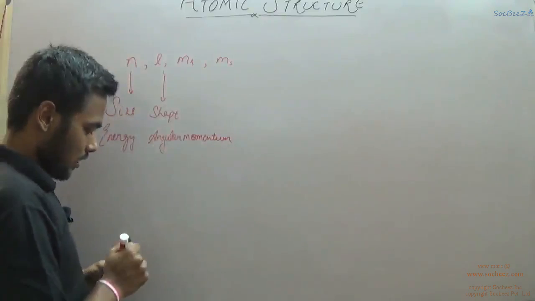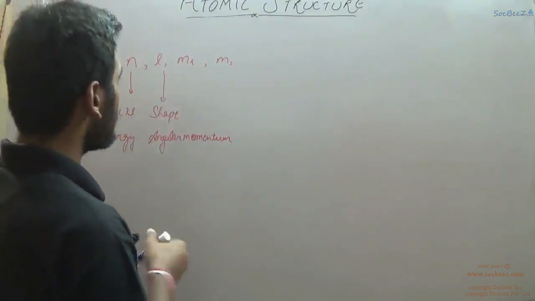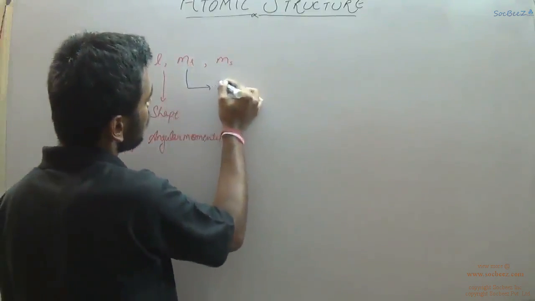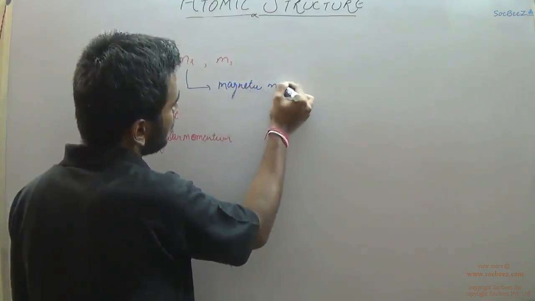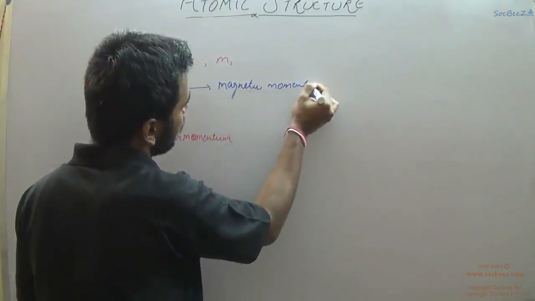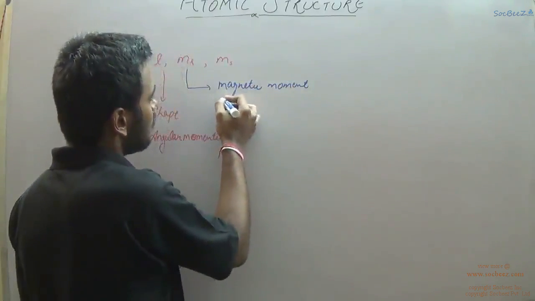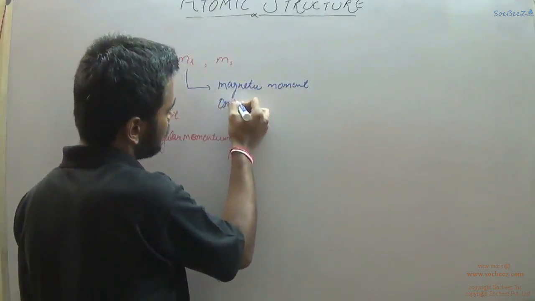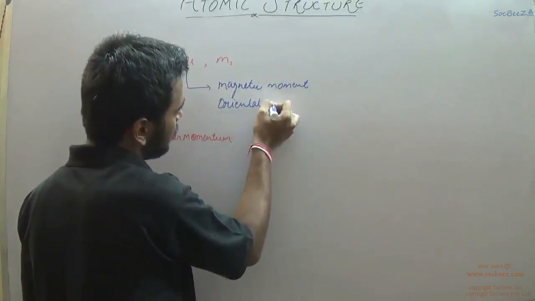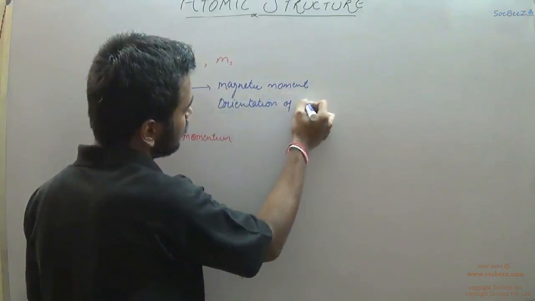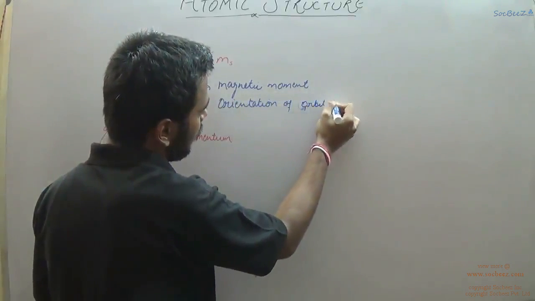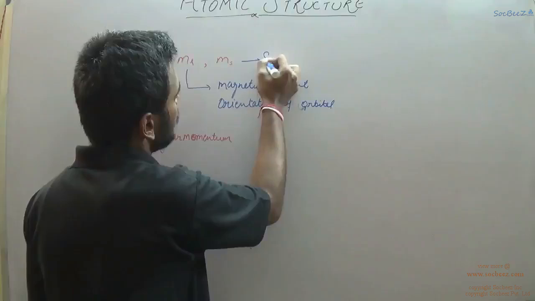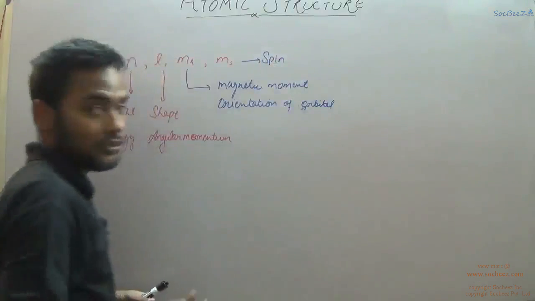Here ml tells us about the magnetic moment of an electron and the orientation of the orbital. And finally, ms tells us about the spin of an electron.